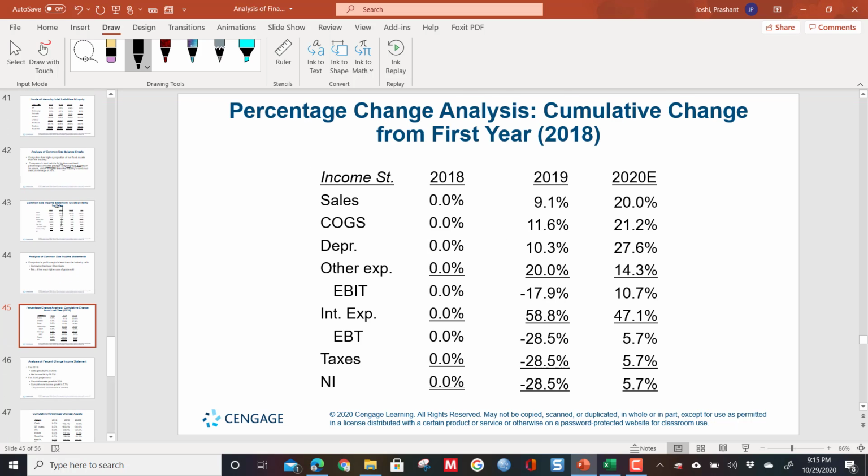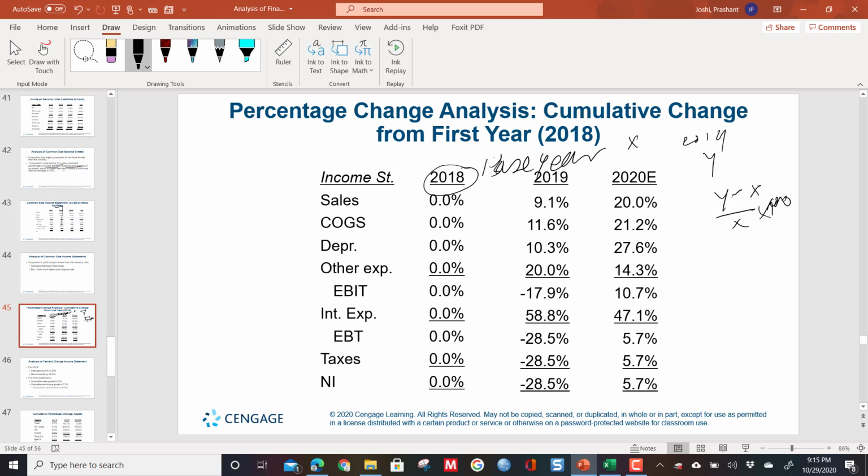So the cumulative change is the percentage change analysis from the previous year. So 2018 is the base year here, right? Let's say the base year value is X, and in 2019 it is Y. So the percentage change is Y minus X divided by X, multiplied by 100.